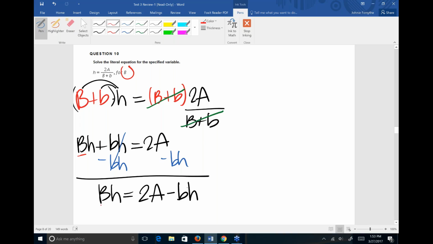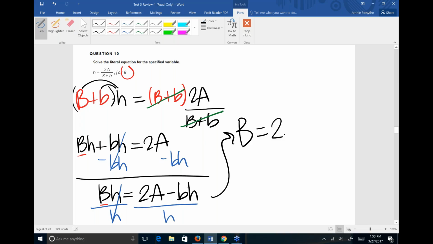That cancels out, and I have big B times h equals 2a minus little b times h. And then again, I'm solving for big B, so we're going to divide by little h, divide by little h. So that will cancel out, and all I will have left is big B. Then I have big B equals 2a minus little b times h divided by little h. And that is my final answer.